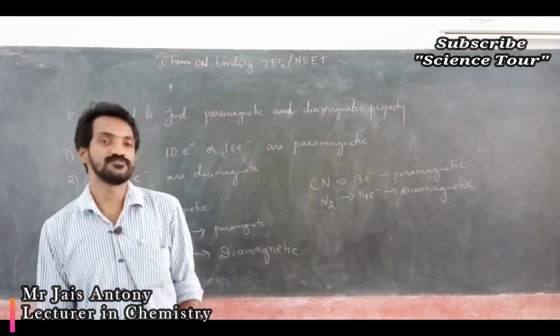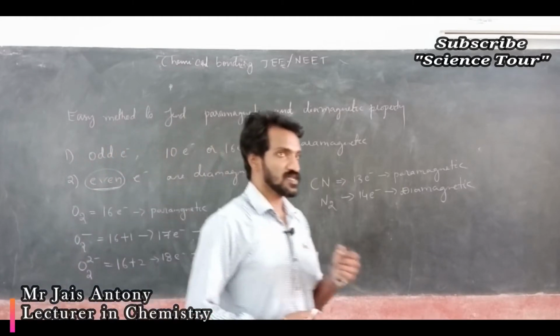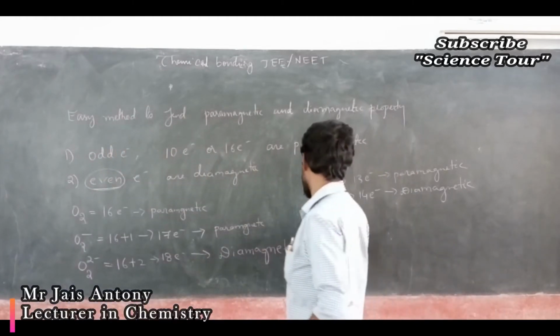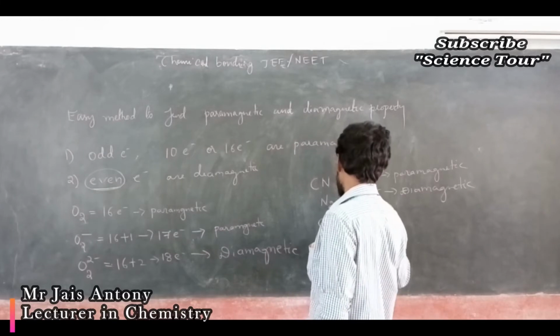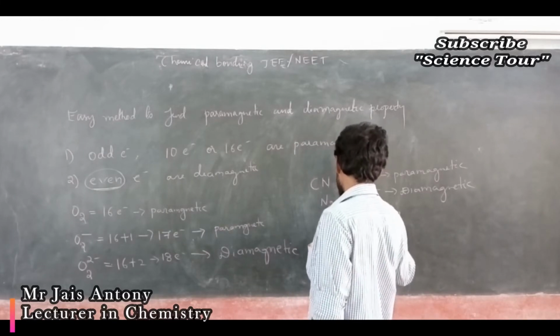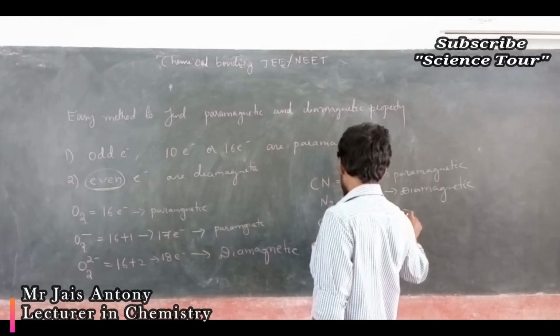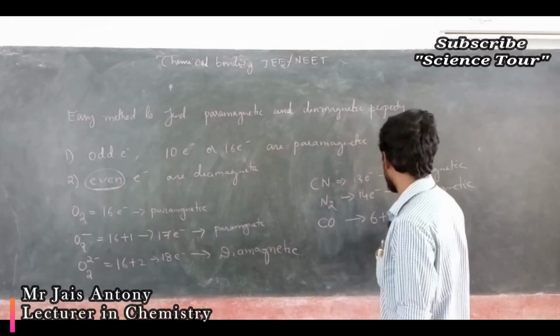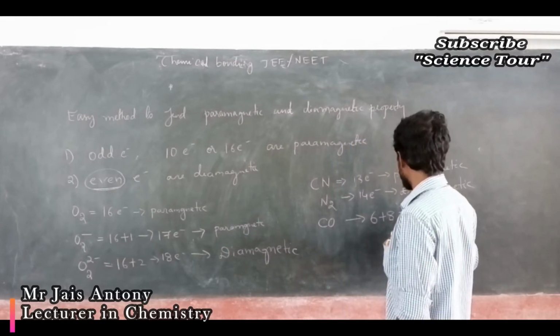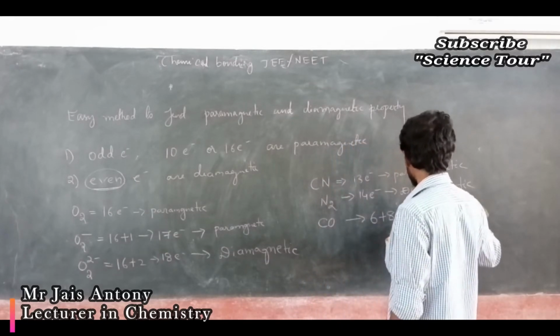Very simple. Simplest method. Carbon monoxide, my dear students. Carbon has 6, oxygen has 8, 8 plus 6 is 14. 14 electrons means it is diamagnetic.